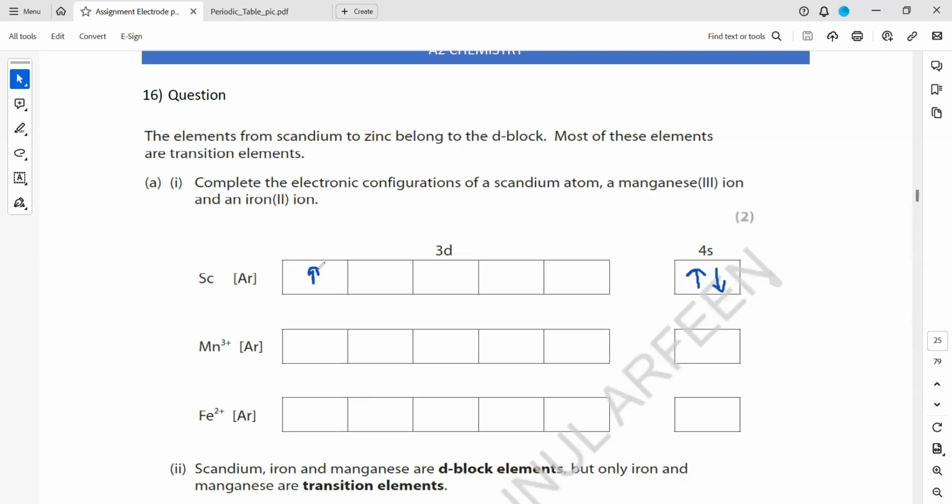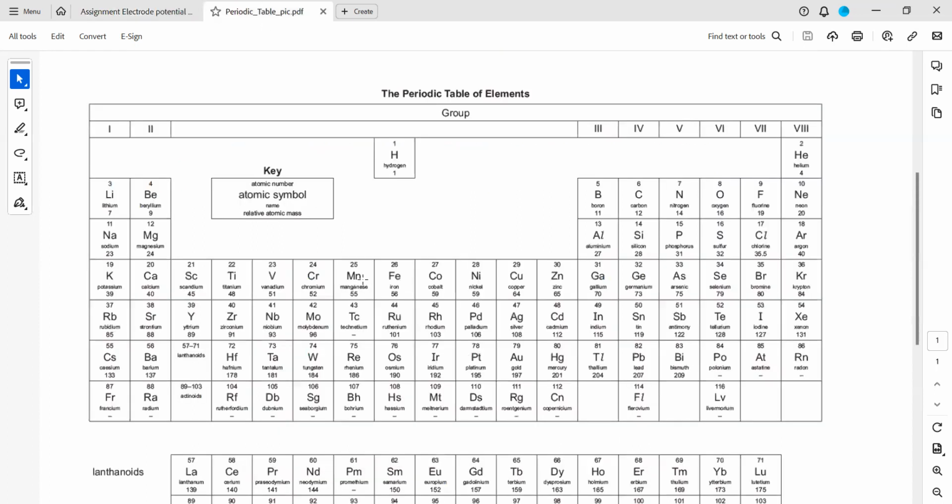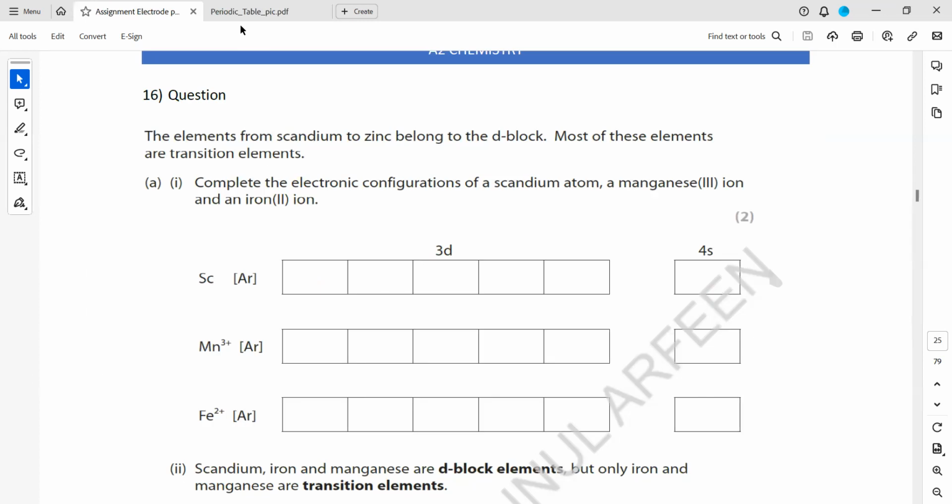The next one is the manganese ion. The first thing you do is draw it for the manganese atom, and then you convert it into the ion. How to do this? Manganese is 25. So first we make it 25.